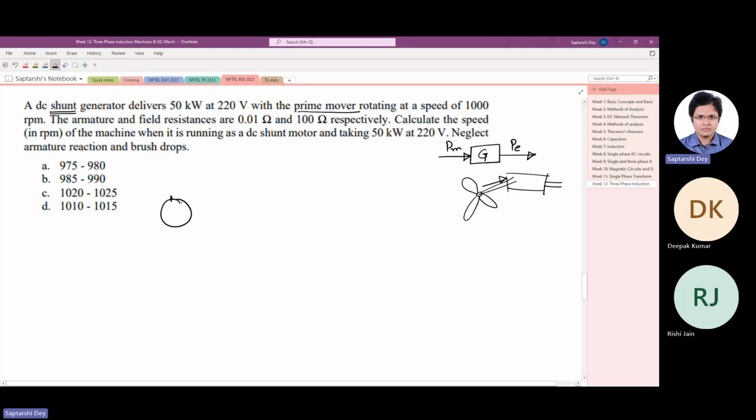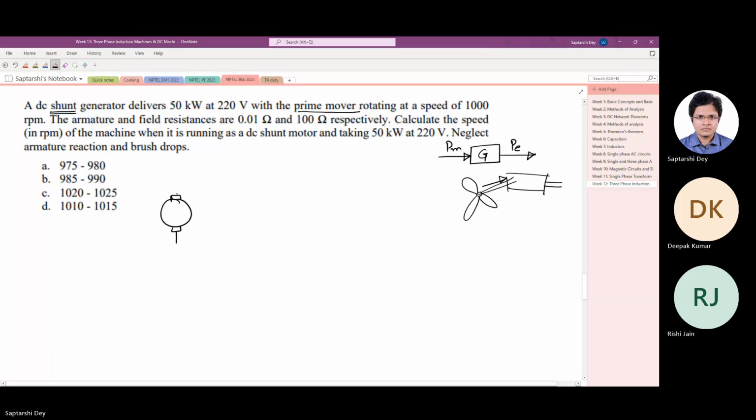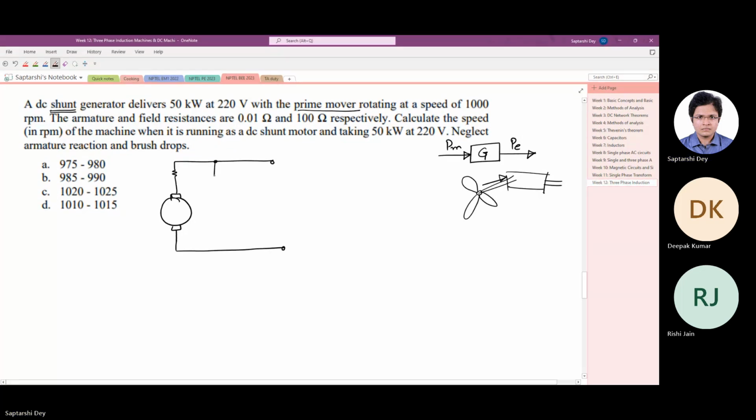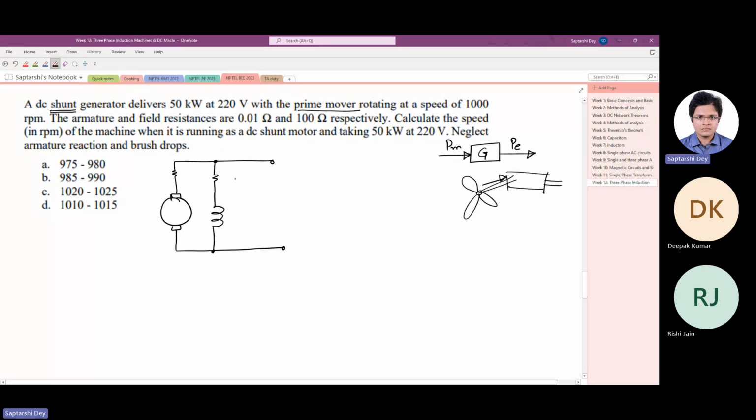So this is the armature resistance, field resistance, like this.